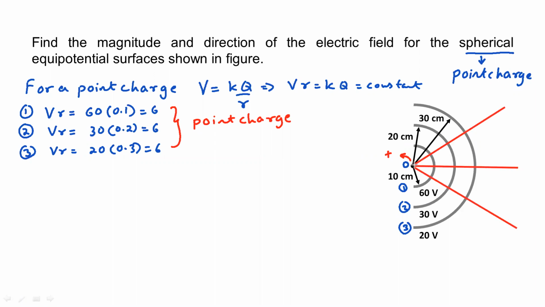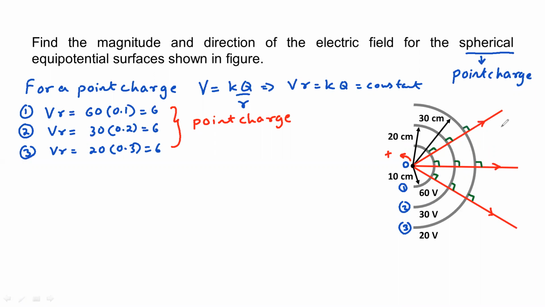I'm just drawing 3 electric field lines here, and the arrows would be like this, radially outwards, and you can see that they are making 90 degrees with the equipotential surfaces. They're perpendicular to the equipotential surfaces, right?